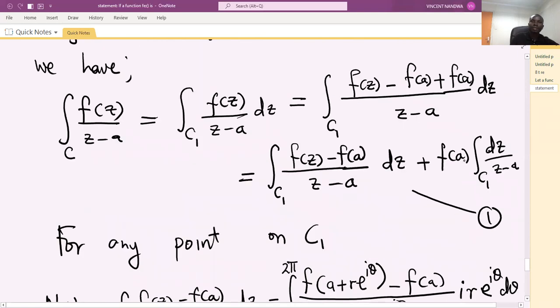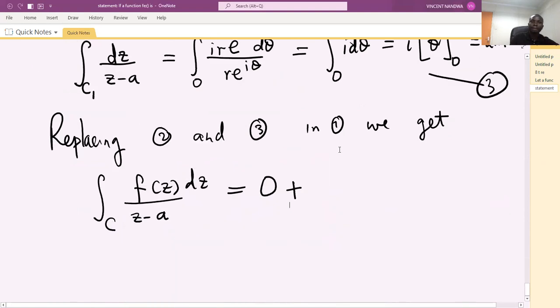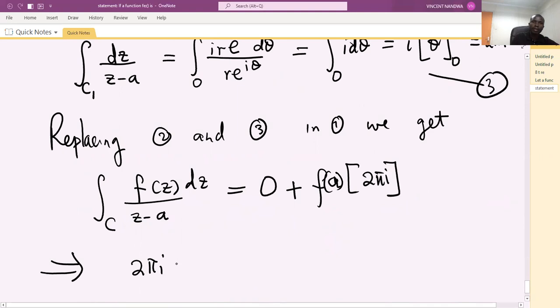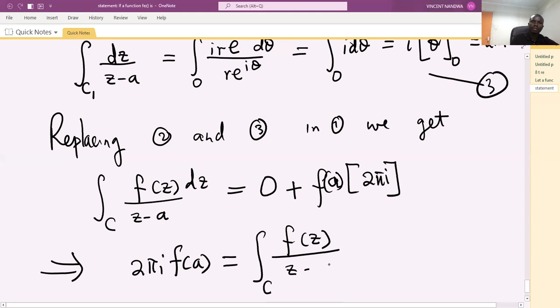So f of a times that 2 pi I. This implies that 2 pi I times f of a is the same as the integral along C of f of z divided by z minus a dz.